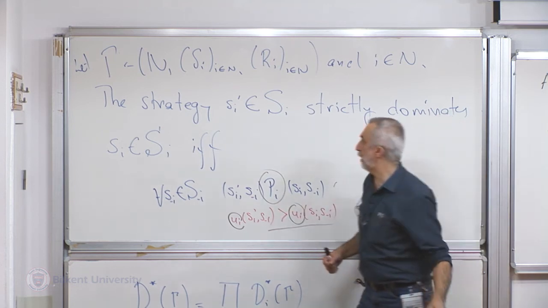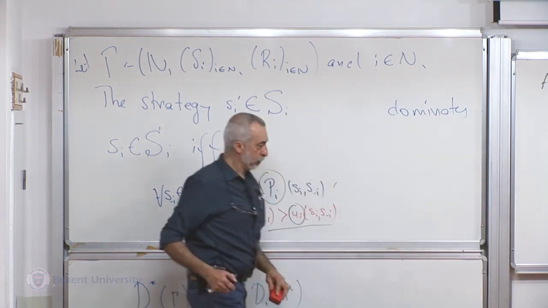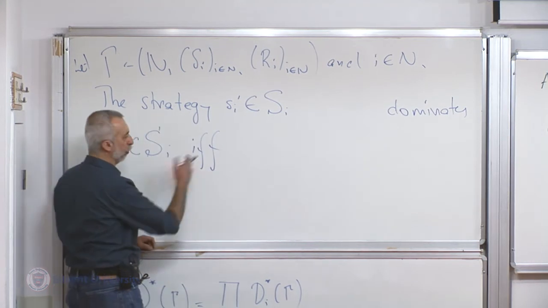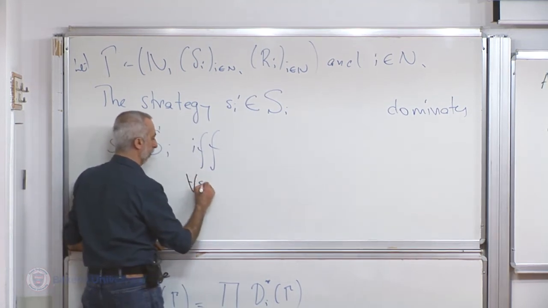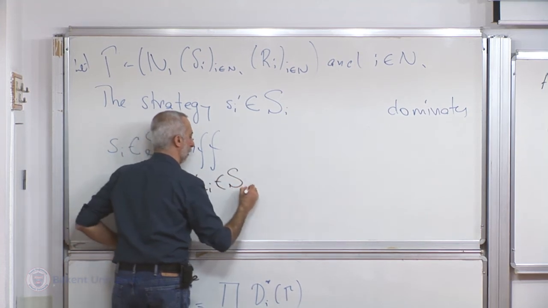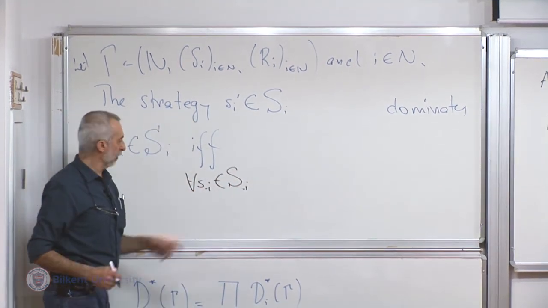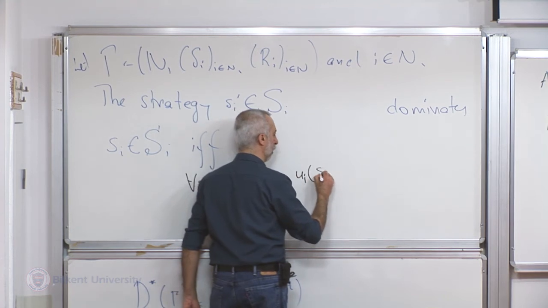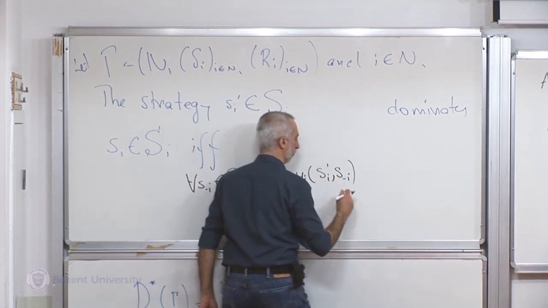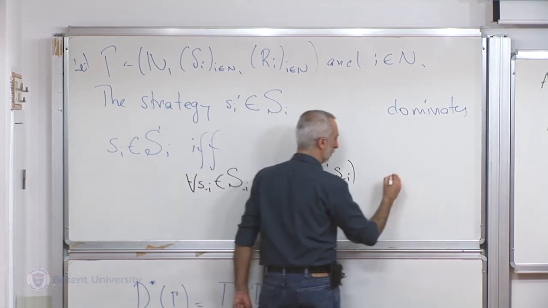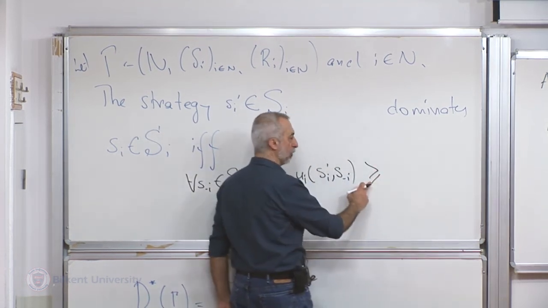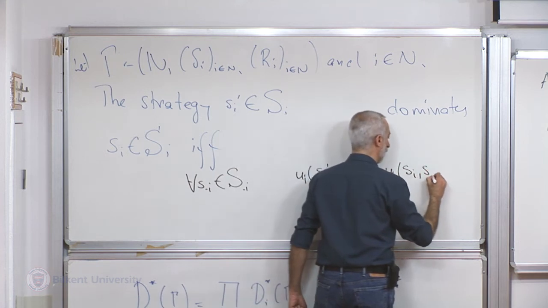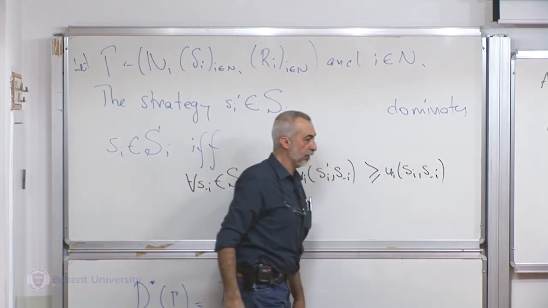One way to relax this is to get rid of the strict parts and state the following: for any strategy profile of the opponents, playing s_i' given that the opponents are playing s_-i is at least as good as playing s_i, given that the opponents are playing s_-i.